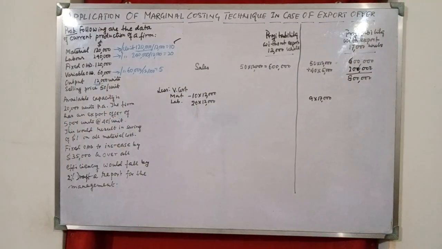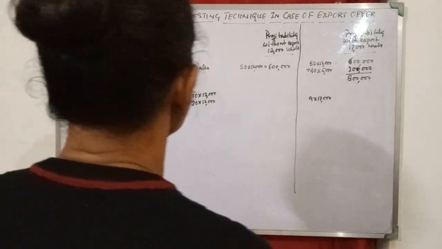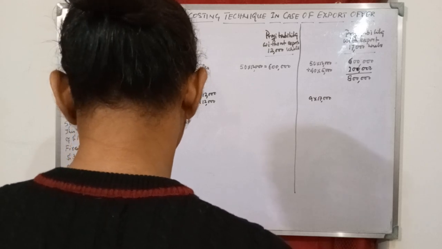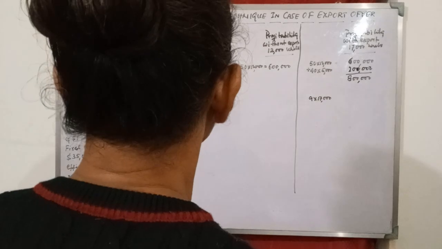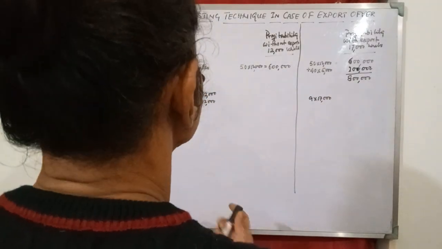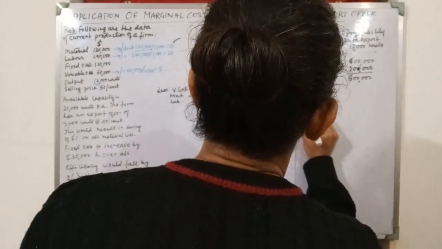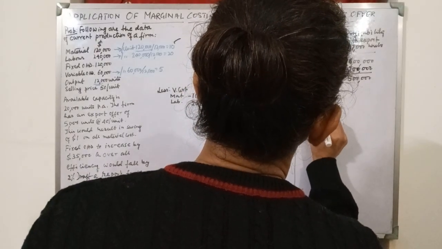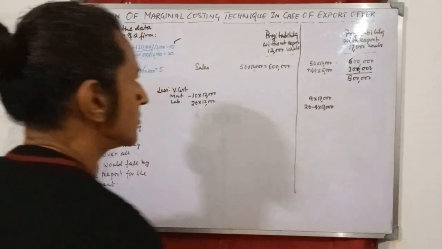Let me use the calculator. That is 0.4. So labor cost will be 20.4 into 17,000. This is the total labor cost.